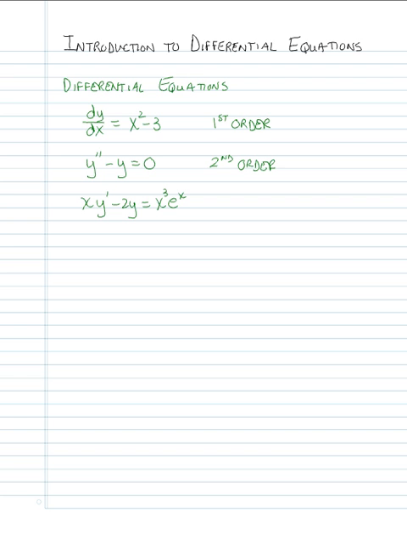So here's an equation that has x's and y's and y primes and e to the x and all this business, but because y prime is part of the equation, it's a differential equation, and of course you recognize very quickly that this is a first order differential equation.